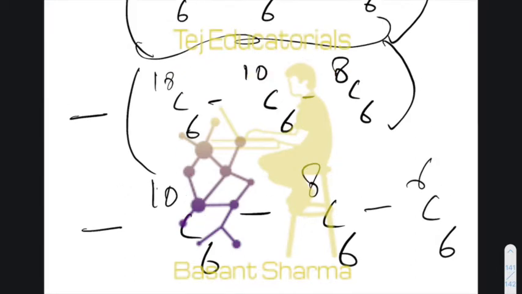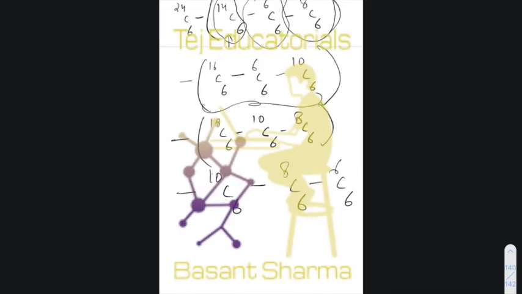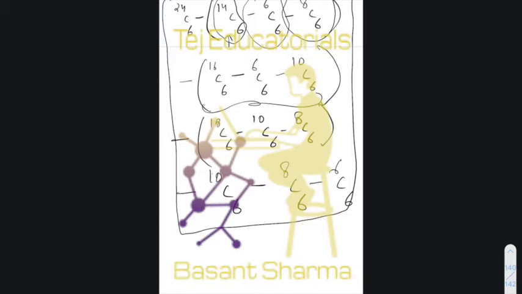So finally this is your answer. Now if you look at it, if you simplify this, there is one more way of understanding this. If you simplify this, this is nothing but 24C6 minus 14C6 minus 16C6 minus 18C6 plus 6C6 plus 8C6 plus 10C6.